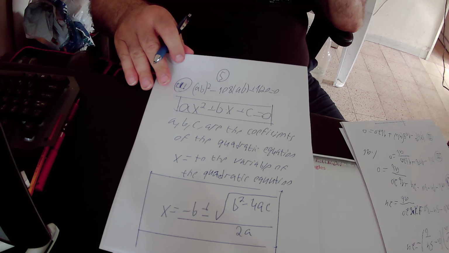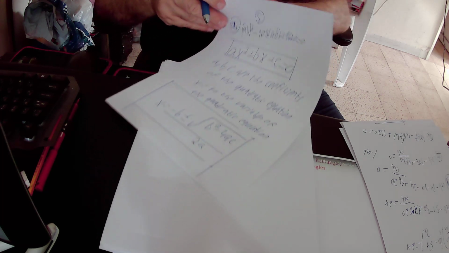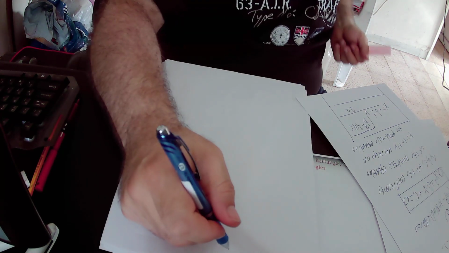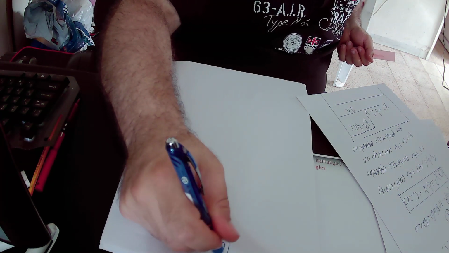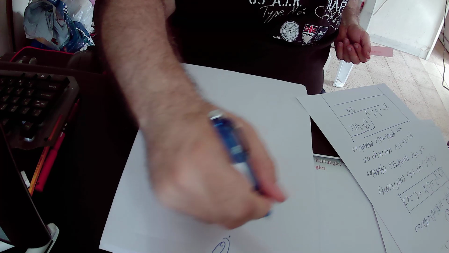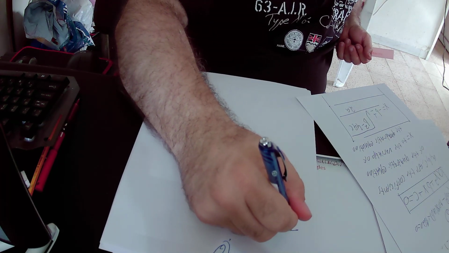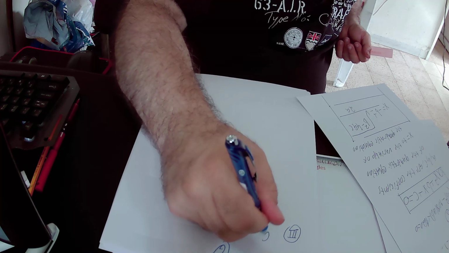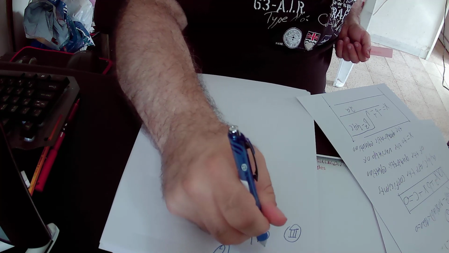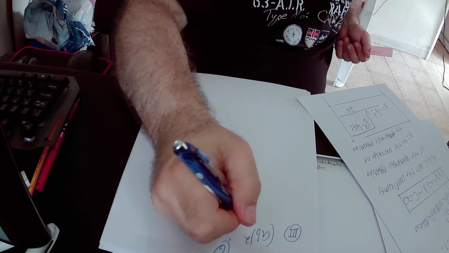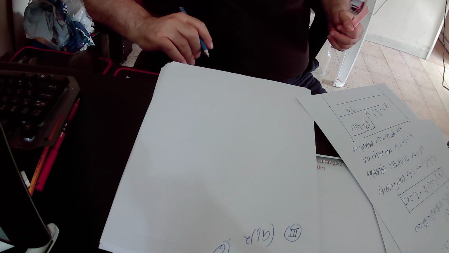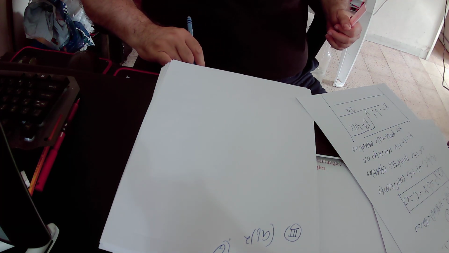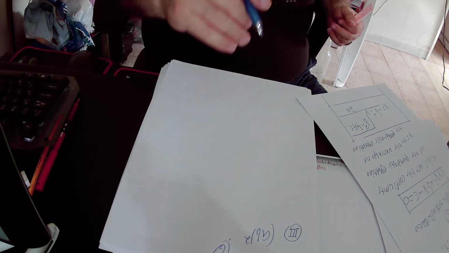Okay, so I will write again our equation, our specific quadratic equation is actually AB squared, but we can multiply AB squared by 1.